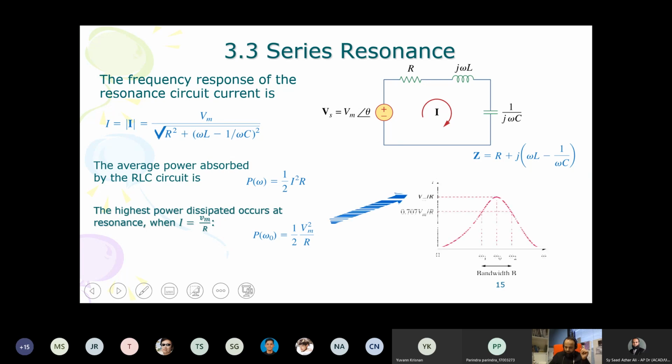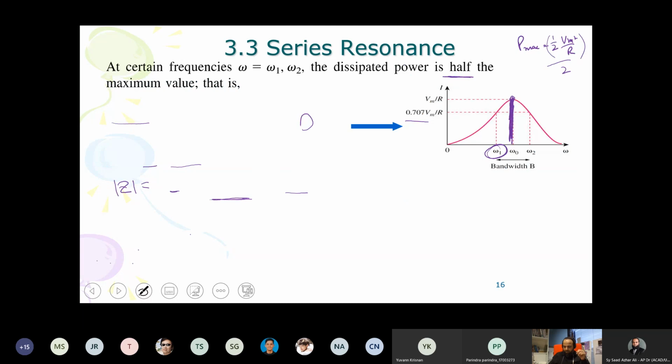So once again, this is the resonant frequency, and omega 1 and omega 2 are the frequencies at which we are still having half of the maximum power. This is the maximum power, so just half will be occurring at omega 1 and omega 2, and we are trying to find at what frequencies that they will happen.